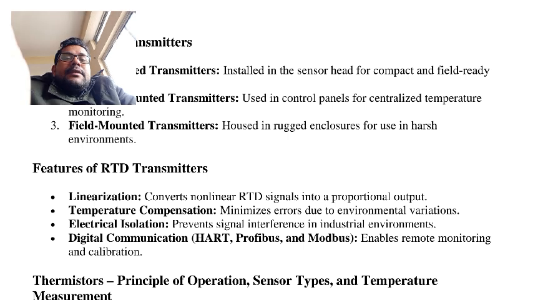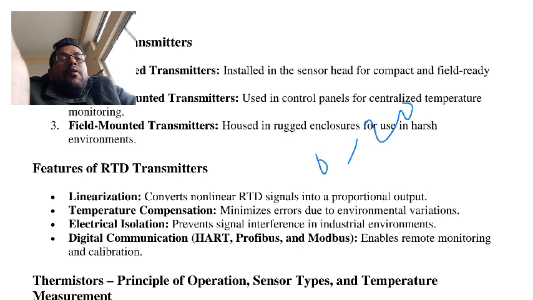It may be 4 milliampere or it may be 20 milliampere. Generally, in some interviews they will ask why we are not selecting 0 to 20 milliampere, why we are selecting 4 to 20 milliampere.